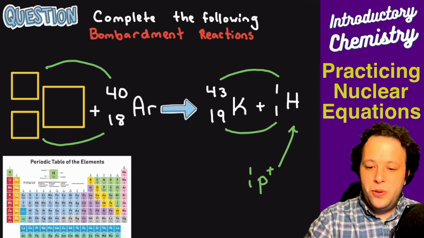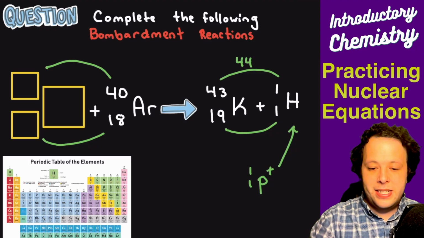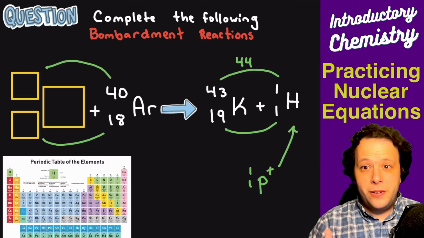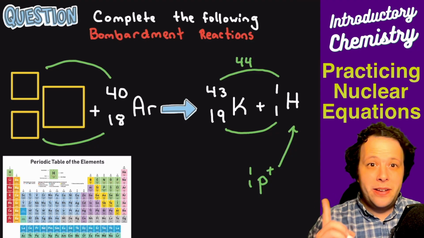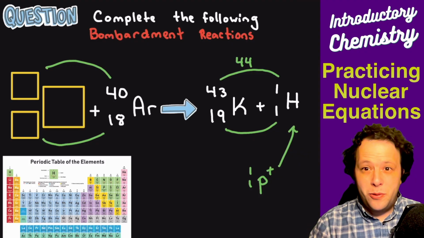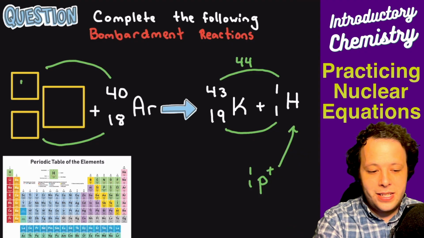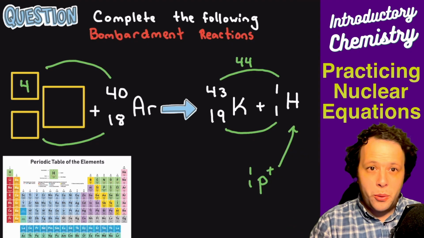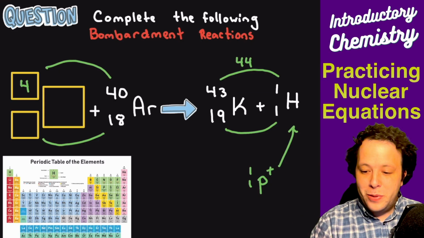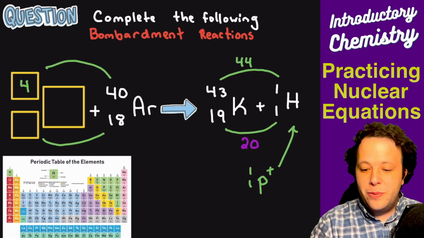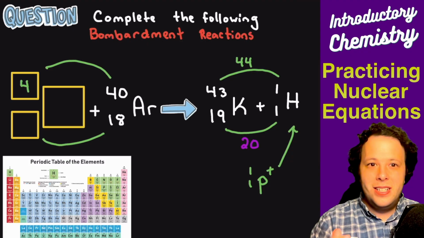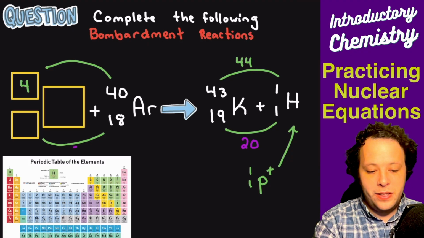So we have a total of 44 as our mass. That means we need 44 on the left as well. Being that we have 40 on the left, if we do 44 minus 40, that tells you you're missing a total of 4. Now on the bottom, we have a total of 20 when we do 19 plus 1. So that means we need 20 also on the left-hand side.